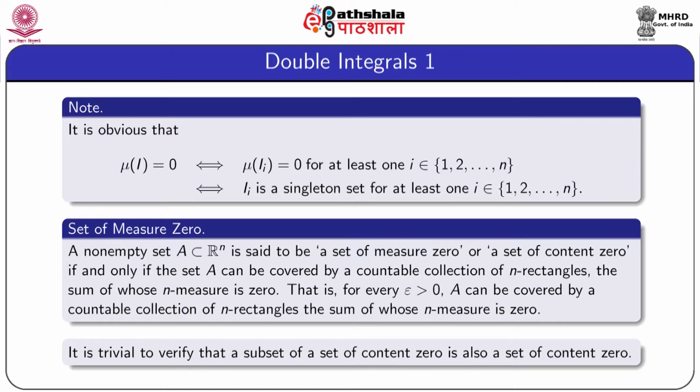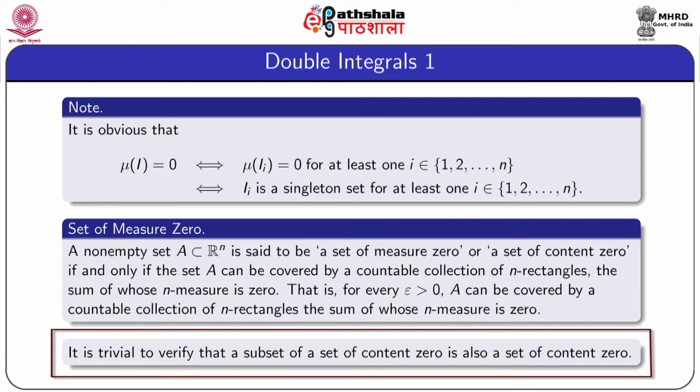That is, for any epsilon greater than 0 arbitrary, the set A can be covered by a countable collection of n-rectangles, the sum of whose n-measure is less than epsilon. That means we can make the n-measure as small as we please. It is trivial to verify that a subset of a set of content 0 is also a set of content 0.